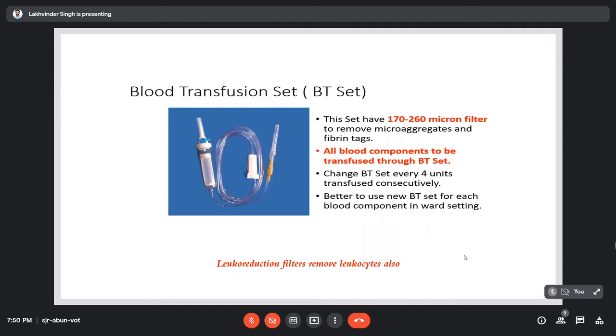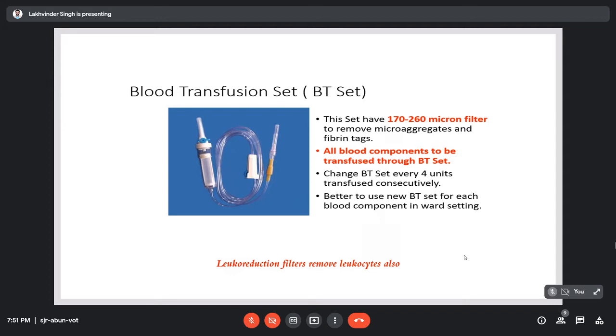If those clots and microaggregates are transfused with the blood component, they can activate the coagulation system, or lead to a coagulation cascade and may cause some thrombotic problems in the patient. So it's always advisable, whatever blood components you are transfusing, you have to use a blood transfusion set. No other infusion set you can use.